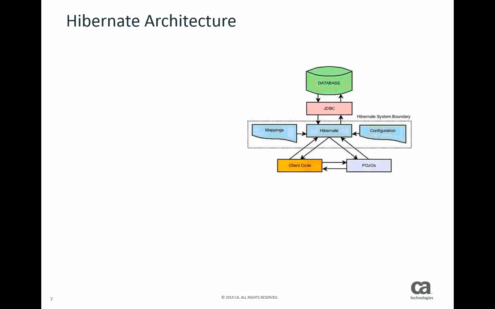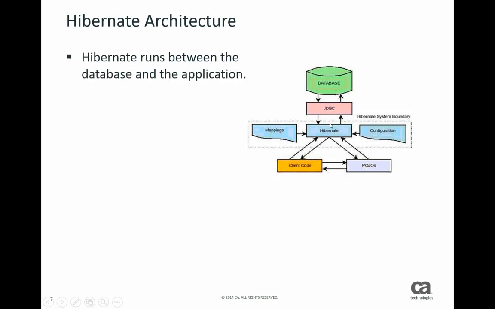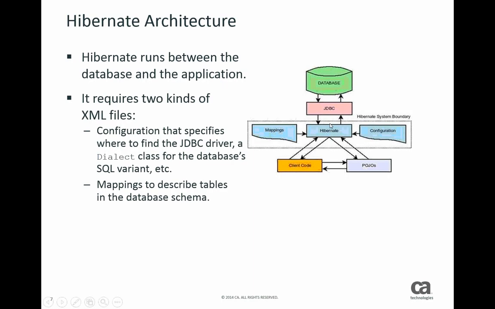The architecture of Hibernate is sort of what you would expect. It sits between the client code that the developer builds and the database. Hibernate does use JDBC, so it requires a certain amount of configuration. It needs to know the JDBC driver for your database, and it also needs a dialect class that allows it to understand any idiosyncrasies of the SQL that the database speaks.